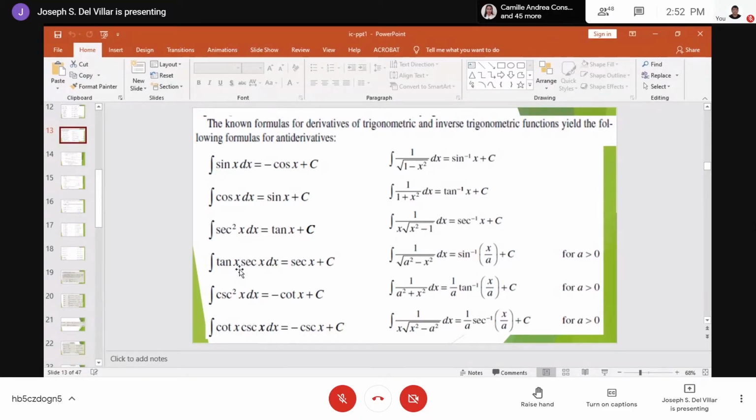And the integral of tangent x secant x dx, provided that dx is an exact differential of the angle x, is equal to secant x plus c. Okay? And the integral of cosecant squared x dx is equal to negative cotangent x plus c. And the integral of cotangent x cosecant x dx is negative cosecant x plus c.